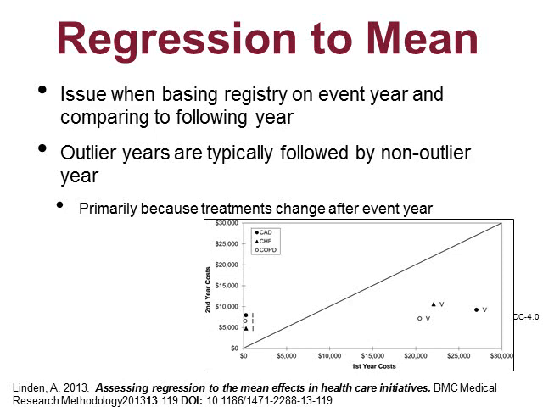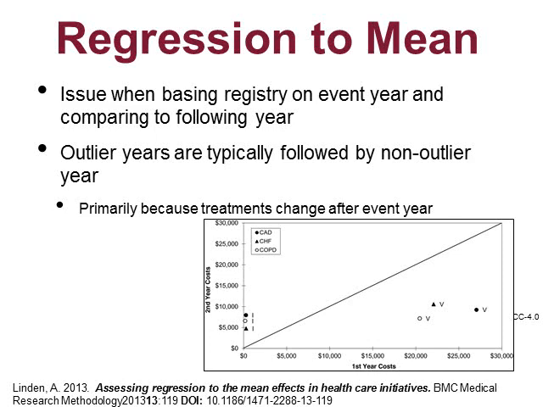So if someone has a heart attack and they incur $25,000, $50,000 in medical costs, and you put them into a cohort and say, we're going to manage these patients that just had heart attacks, well, the follow-on year is not going to be as expensive as the first year for those patients. And that's because of this regression to the mean concept, which is well understood and pretty much assumed to be a fact when you're looking at things like medical events.